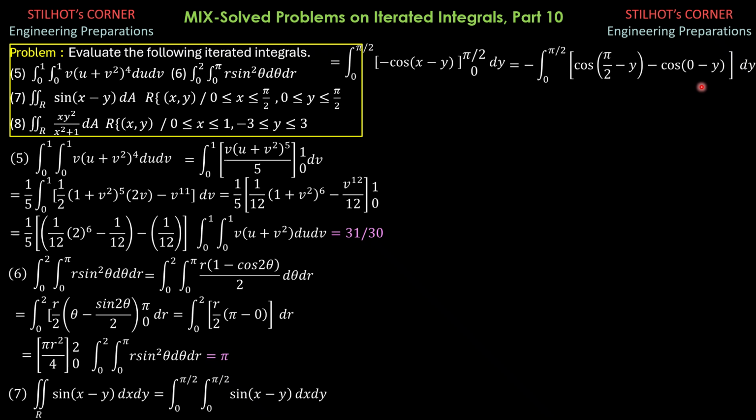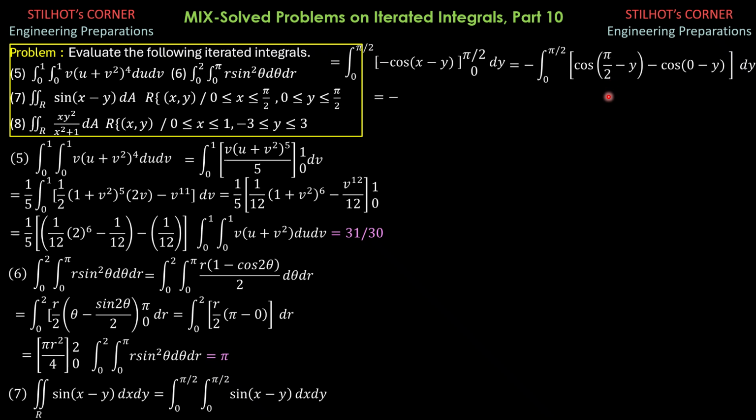Remember from trigonometry that cosine of pi over 2 minus y, the cosine of the complement of y, is sine of y. It's like cosine of 90 degrees minus y, so it is sine of y. Cosine of a negative angle, because cosine is an even function, is still cosine of positive y.